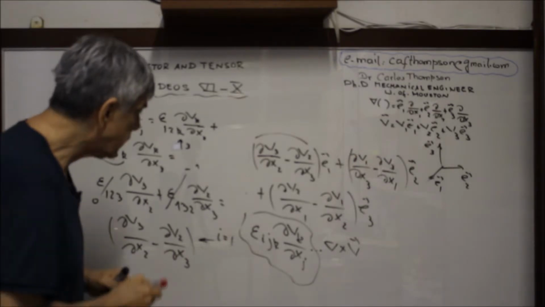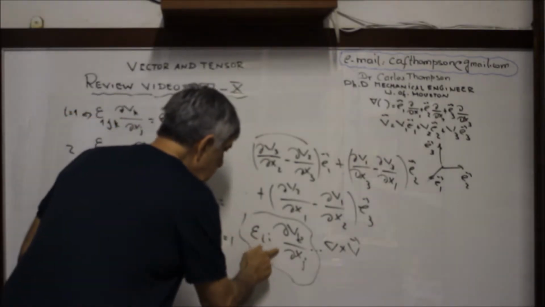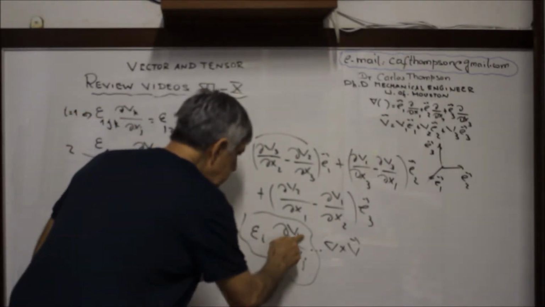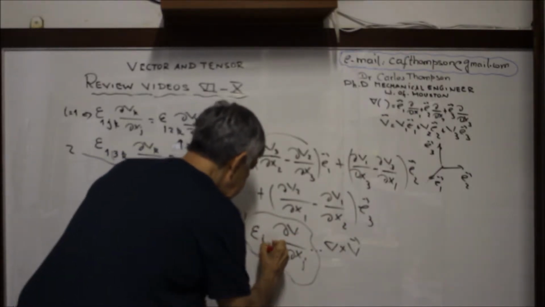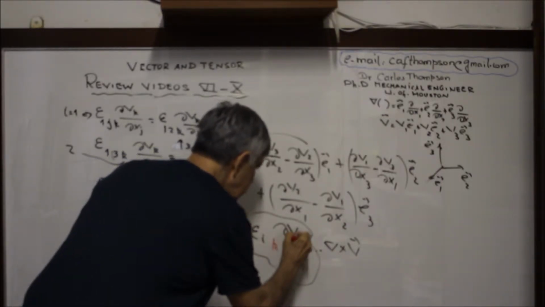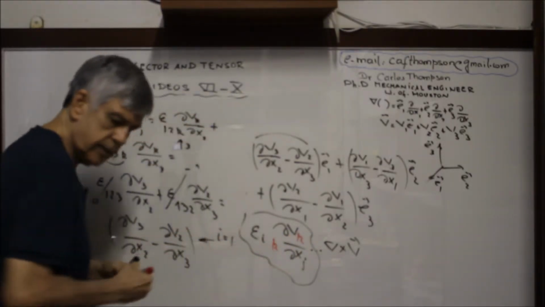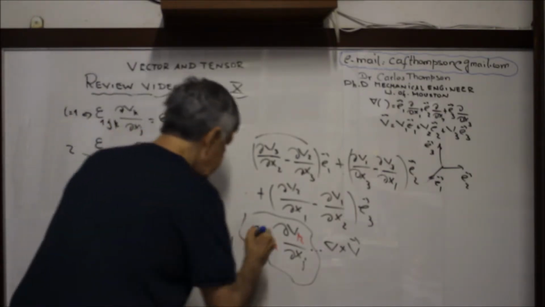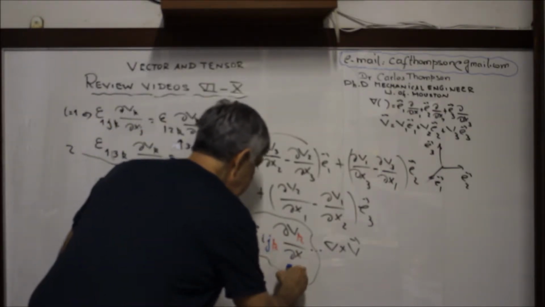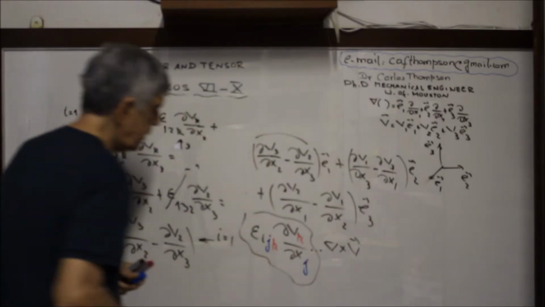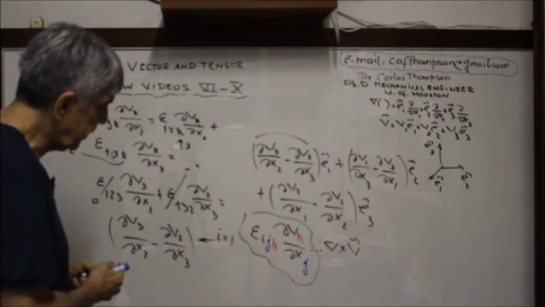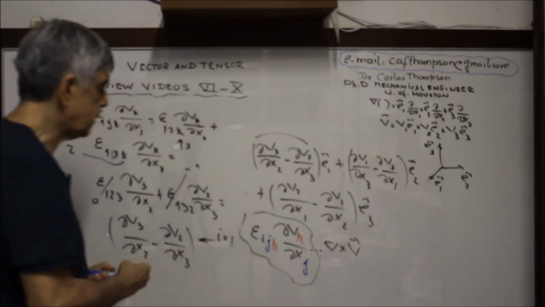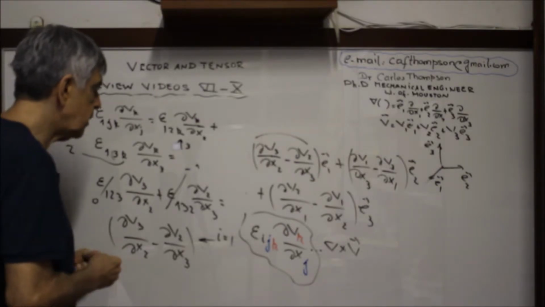Now, what is important here: k comes here, and this is j, and j comes over here. That's important for you to see. Don't confuse this, okay? You always do like that.